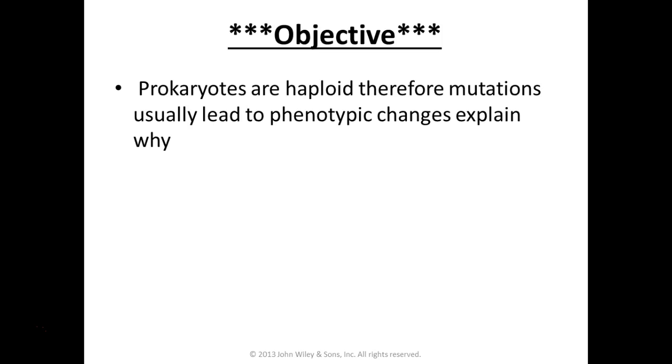They can or can't do something based on the changes. And so we usually always see these changes because there's no backup copy, whereas with humans, we've got 2 copies. So we really only see a phenotypic change if both copies are defective.